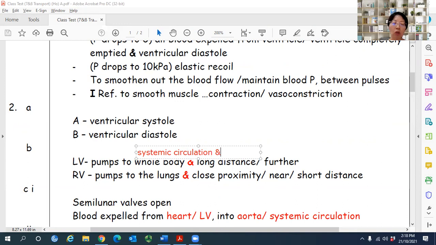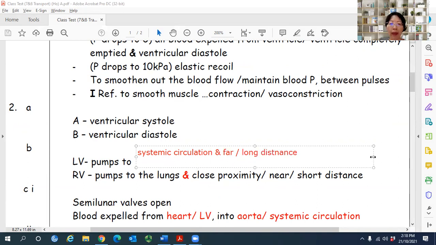But you also must say that this systemic circulation is very far or a long distance. So this is the first marking point. That means you must tell me the left ventricle pumps the blood to where? And then this location is far away from the heart, so therefore it needs a higher pressure.